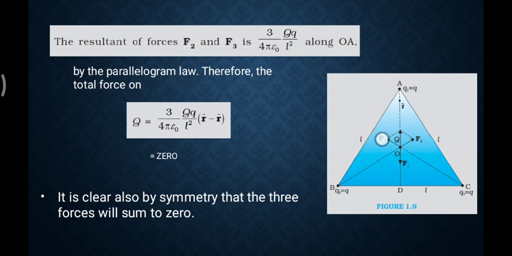The resultant of these two forces is upward, so that upward force nullifies the downward force applied by AO. So the resultant force felt by the charge seated at the centroid is 0. It is clear by the symmetry of the triangle that the forces nullify each other.